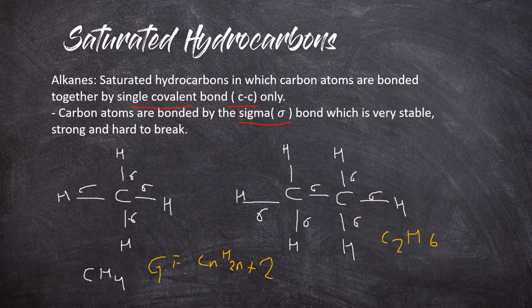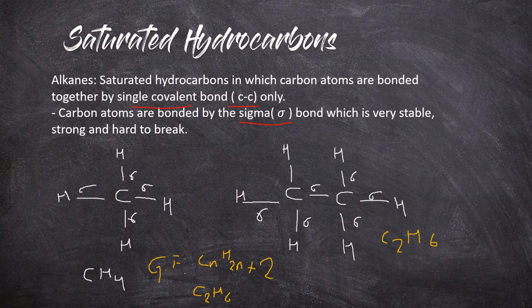So how many carbons are here? Here are 2 carbons, so you only have to count carbon, not hydrogen. Carbon 2, so 2 into 2 is 4, 4 plus 2 is 6.